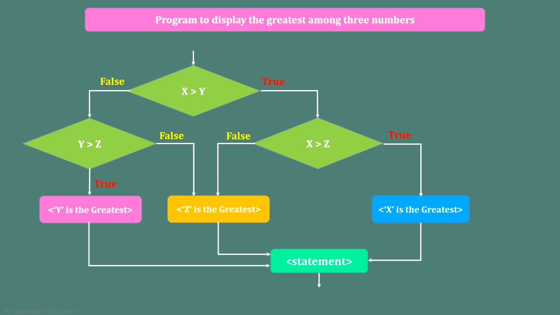That can be given in the else part, Y greater than Z. It also has two possibilities of giving values true or false. If it is true, then we can conclude that Y is the greatest. But if it is false, we can conclude that Z is the greatest and we can display the message on the screen accordingly. Whatever be the case, the interpreter will be coming to execute the statement which follows the nested if structure.